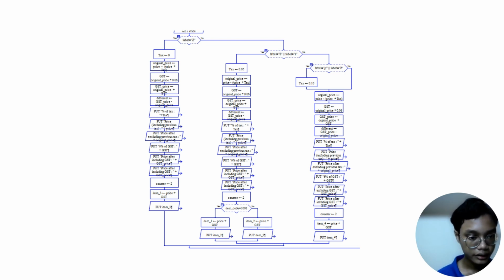Then the counter will be set to 2. Then it will later be labeled as items, which equals its price plus the amount of GST implemented. Then it will display items.